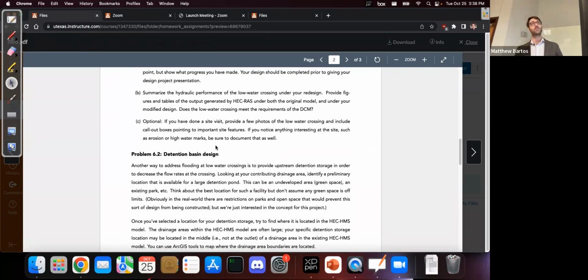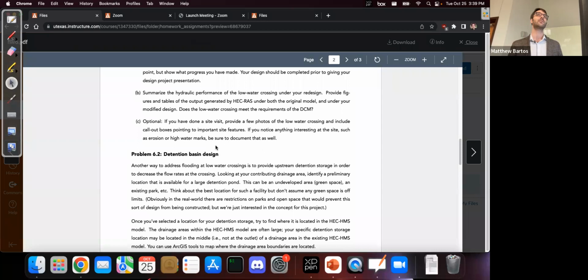You're allowed to work together on the project, but when you submit the design, it needs to be attributed to a primary lead who worked on that design. So you can work together, and I do encourage you to work together because it's a group project. But for the preliminary designs that will be submitted in this assignment, there needs to be a clear indication of who was leading that effort.